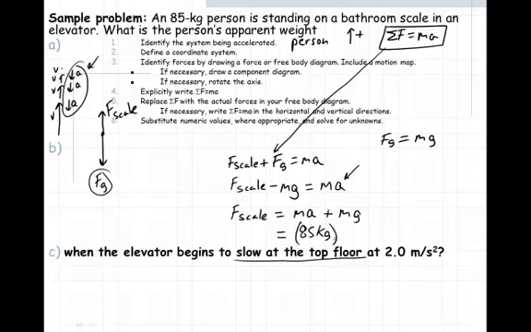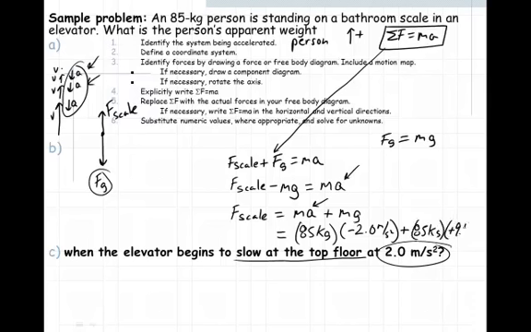My acceleration, when I plug it in, this is where we got to remember that because the acceleration is pointed downward, the value of 2 meters per second squared must be plugged in as negative 2.0 meters per second squared, plus 85 kilograms times 9.8. And we're putting this in as a positive 9.8.